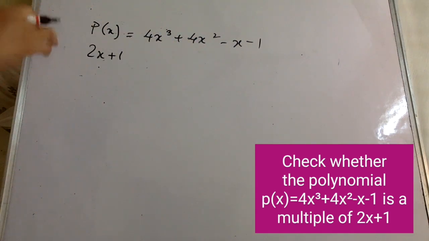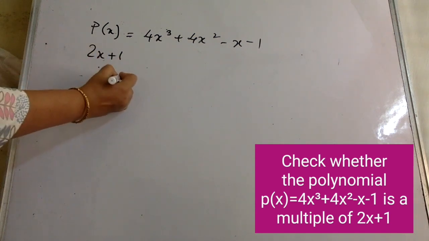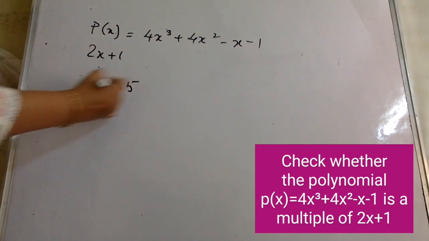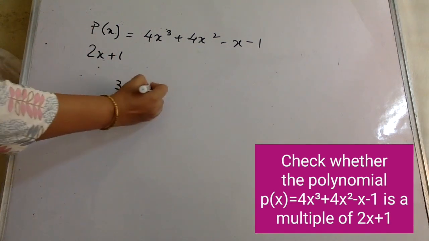Now let me give you a very small example for this. But this time when I give the example, I'm not going to give it in terms of algebra. I'll give you regular numbers. One simple sum I'm going to give you is, is 35 a multiple of 5?